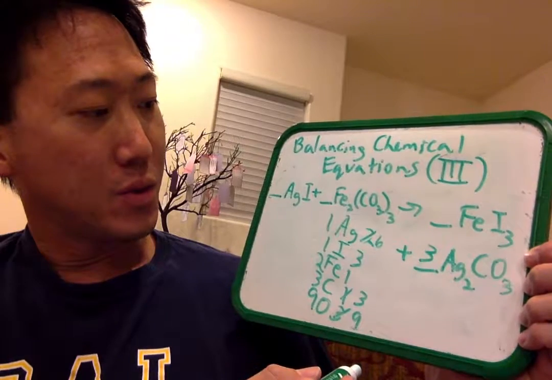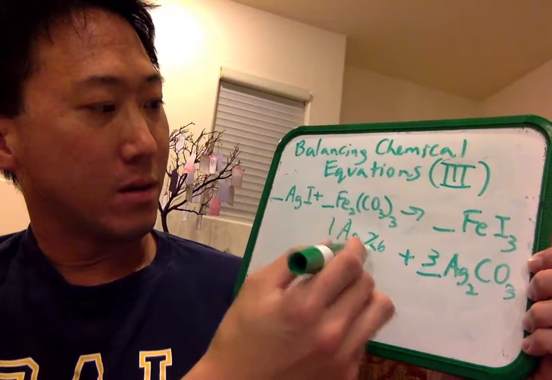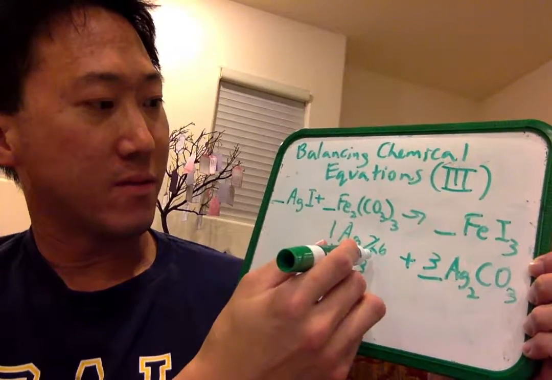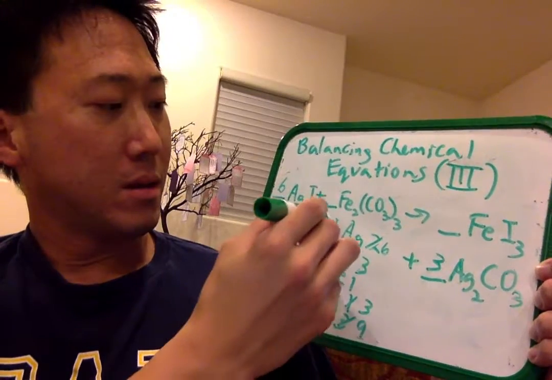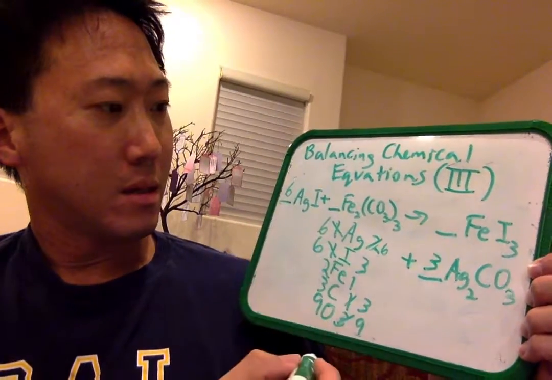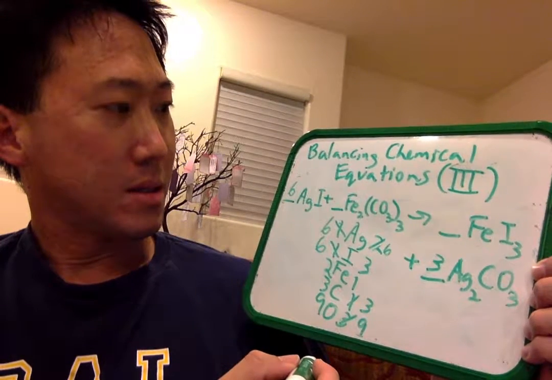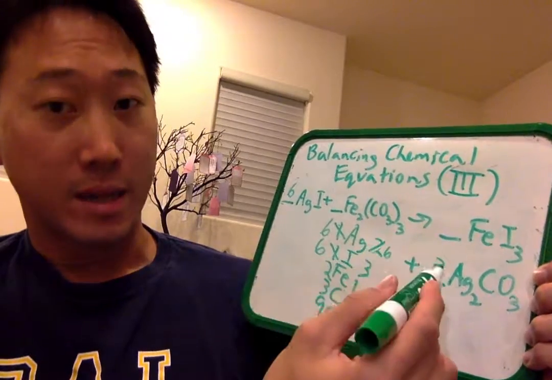But now we have to balance our silver on the left side. We have 6 silver on the right, so we basically need 6 silver on the left. So that's going to change this to a 6, but also that to a 6. And let's see, now we need to change our iodine and iron. So let's go to the right side now.